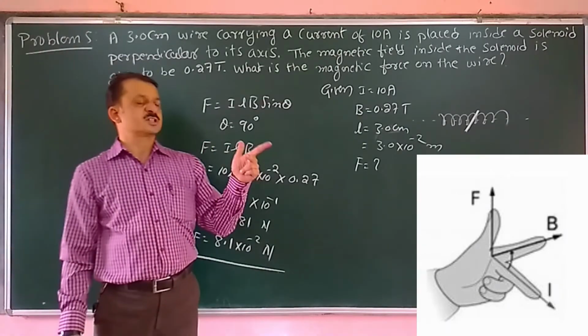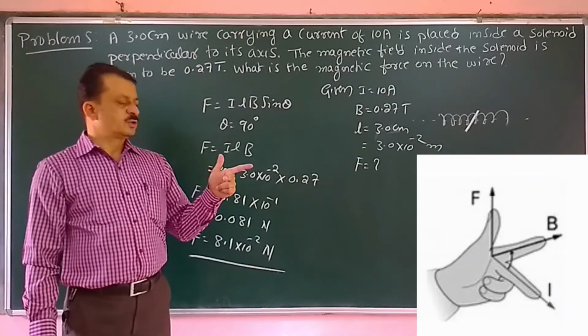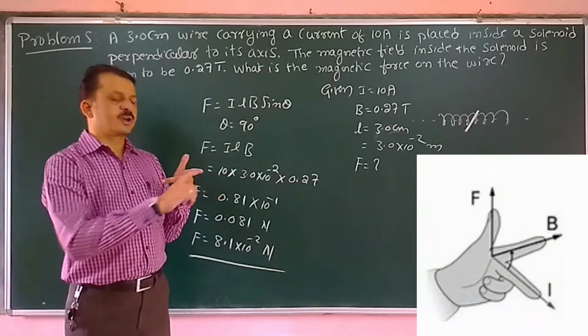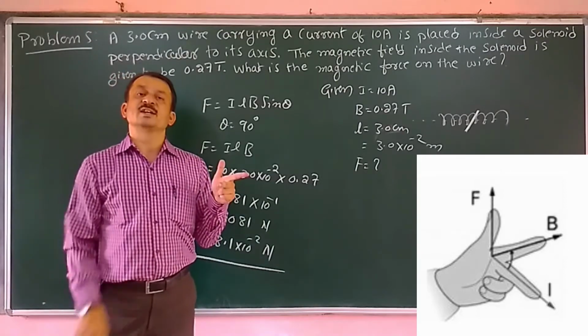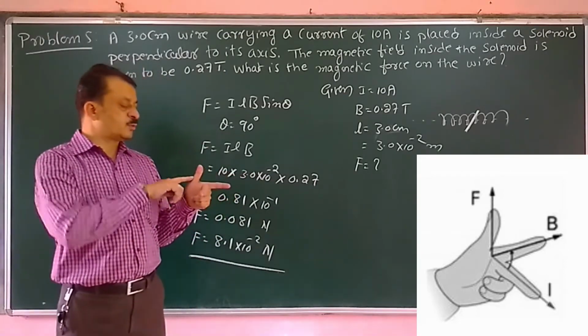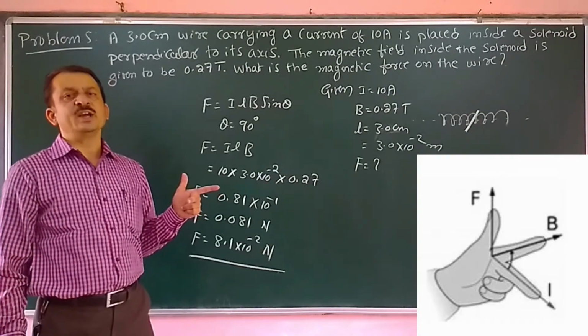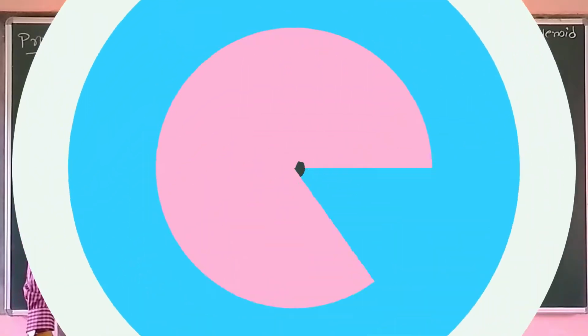If you hold the first three fingers of the left hand mutually perpendicular to each other, the forefinger indicates the direction of the magnetic field, the middle finger indicates the direction of the current, then obviously the stretched thumb indicates the direction of the magnetic force experienced by that wire.